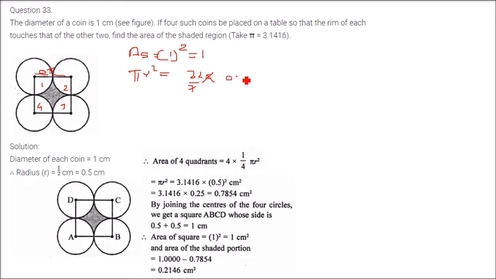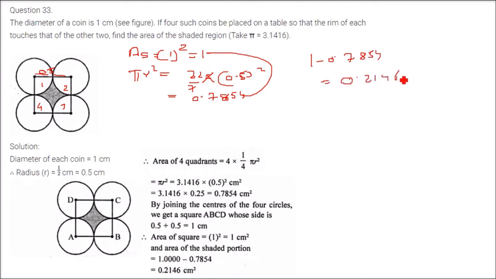See, 0.5 is there. So 0.5 into 0.5 whole square. So what do you get? You get 0.7854 centimeter square. So in order to find out the middle area, you have to subtract this from this. So 1 minus 0.7854, this is going to come as 0.2146 centimeter square.